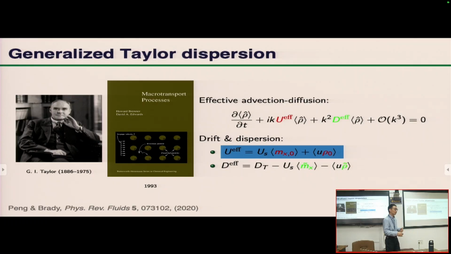And the reason that we normally don't talk about higher order gradients is that essentially higher order gradients are weaker than the second order. So we truncate after the second order. That's how we write down the advection diffusion equation in real space. So we've neglected other terms. If you just think about symmetry from physics, it doesn't say you can't have higher order terms, such as the 4th order derivative in the flux vector.